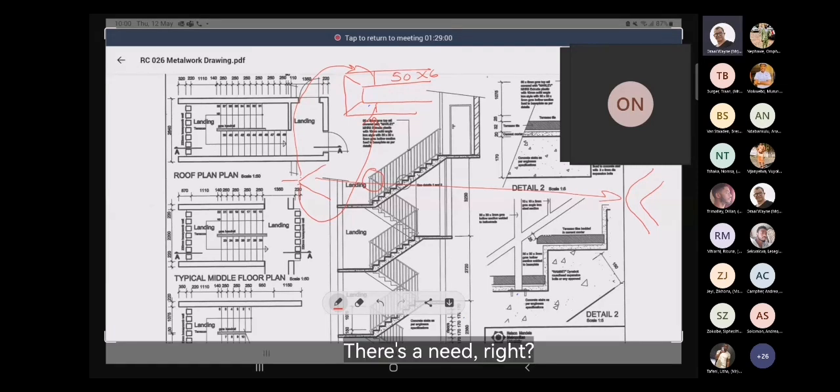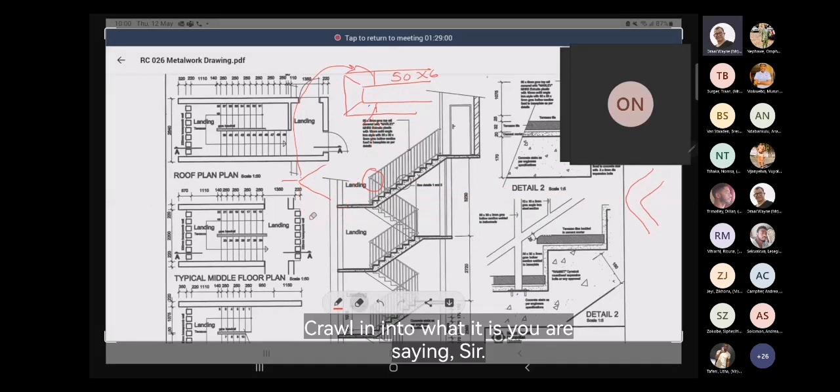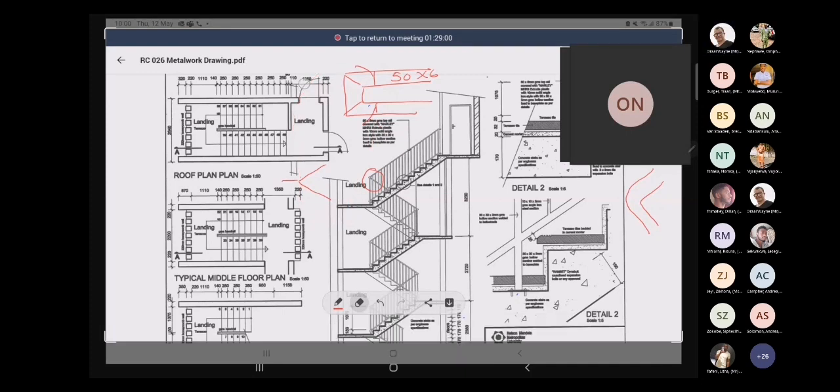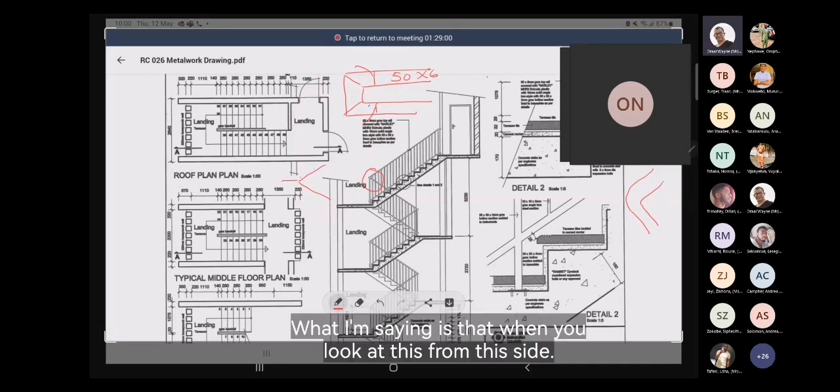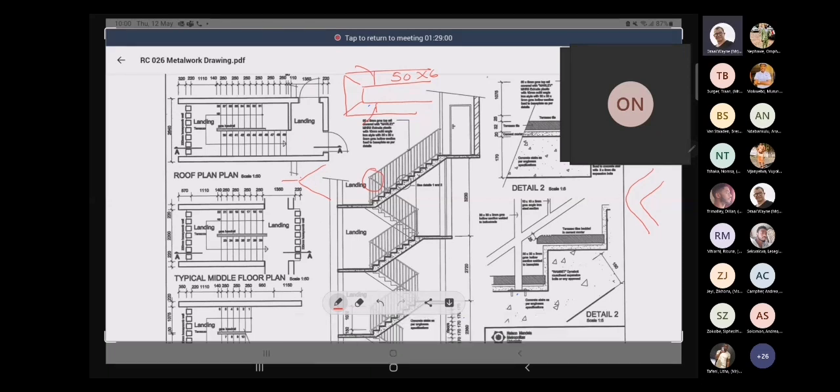There's the knee, right? What I'm saying is that when you look at this from the side, that's what you see. From the top, it is the rail that comes down.